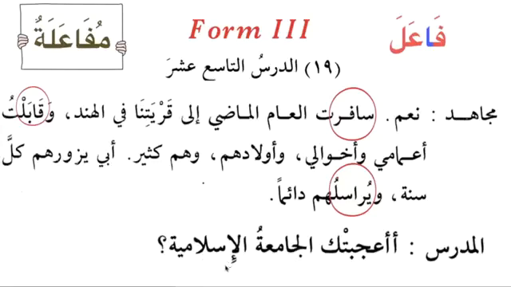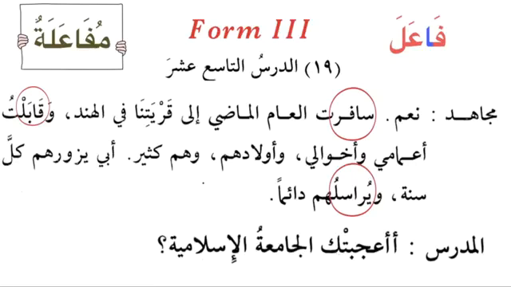A'jabatkal jami'atul islamiyya. Again a'jaba, we know that is your form 4. A'jaba yu'jibu: the thing which pleases you becomes the fa'il, and the person who is being pleased becomes your maf'ulun bihi. Did the Islamic University please you? Or are you happy with the Islamic University?